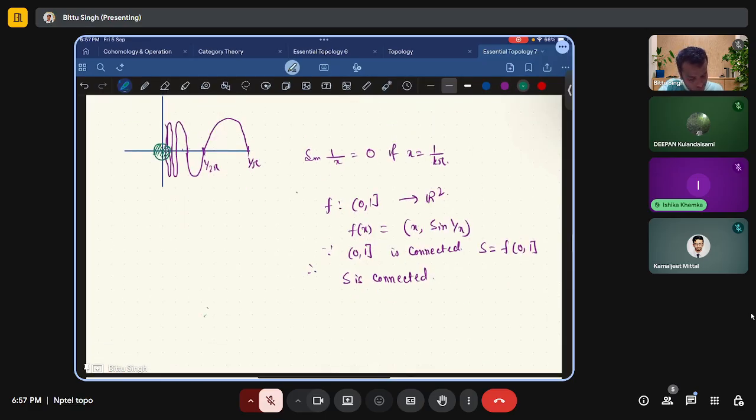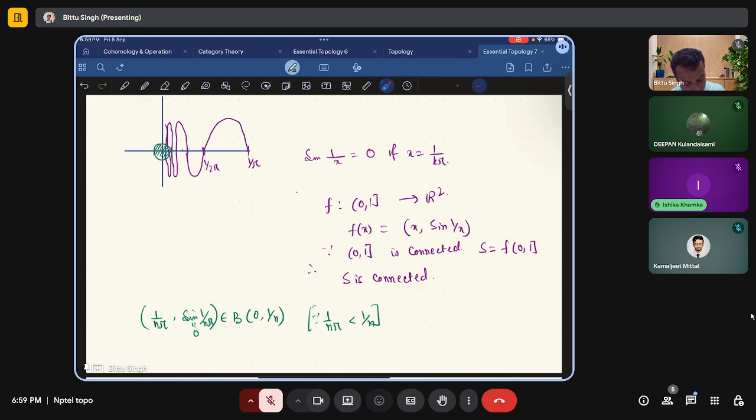For example, take a neighborhood of the origin like B(O, 1/n). Then consider the point (1/(n pi), sine 1/(n pi)). Sine of n pi is 0, so this point is (1/(n pi), 0). It always belongs to this neighborhood, because 1/(n pi) is strictly less than 1/n.